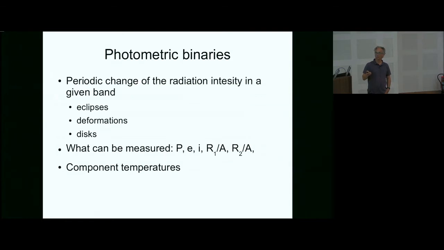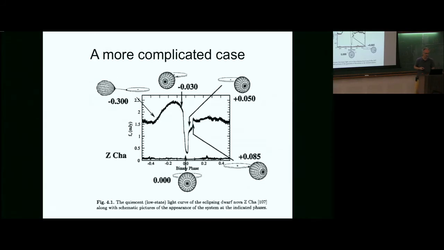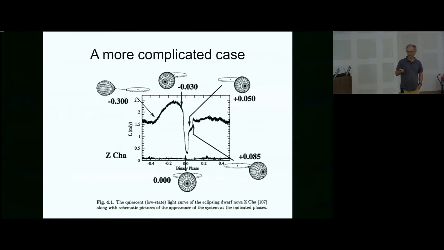And yeah, if you do spectroscopy, you can get component temperatures, but let's go farther. So when you look at the light curves, to me, a really impressive example of modeling a light curve is this one. This is Z Camelopardalis.